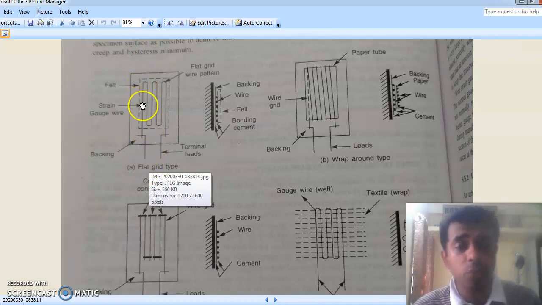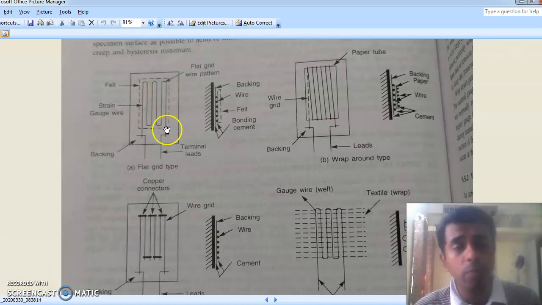This wire is actually bent and formed in the form of a grid like this. This is meant to take the longitudinal strain, but these small bends here will take cross sensitivity, that is lateral strain also, which is normally not needed.